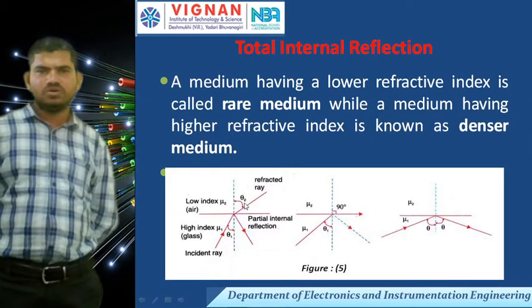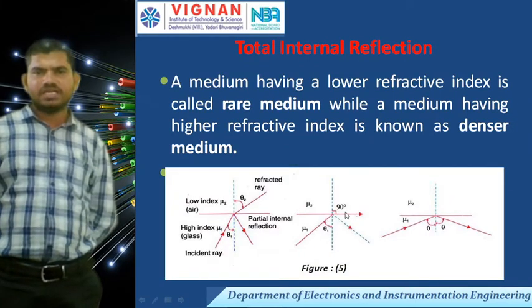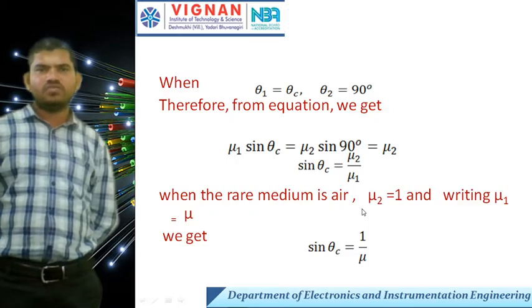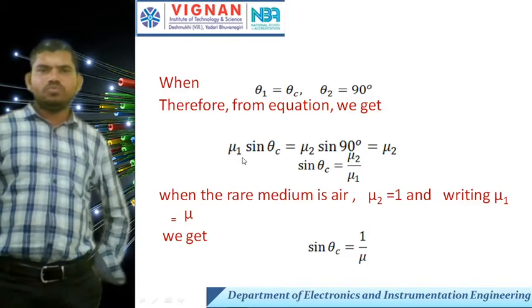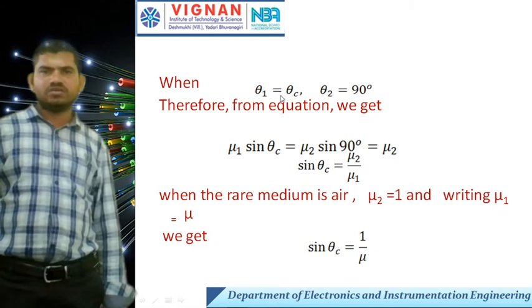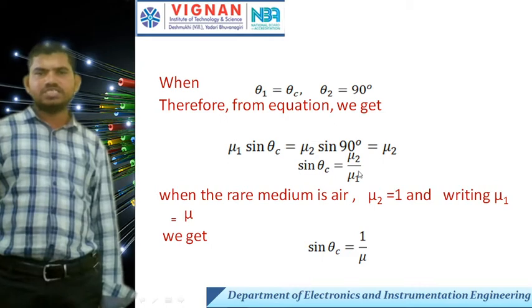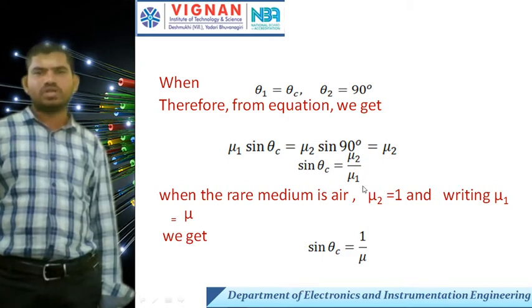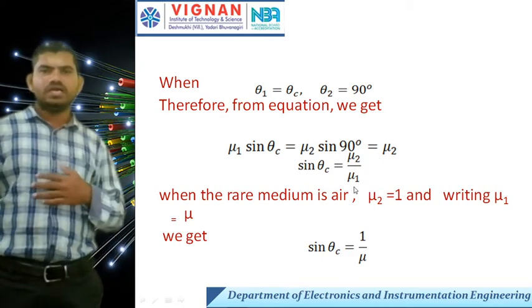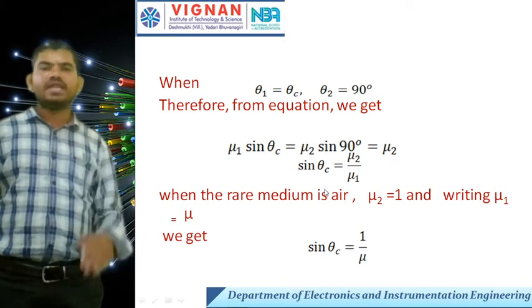From the equation mu 1 sin theta 1 equals mu 2 sin theta 2, with theta 1 equal to theta c and theta 2 equal to 90, sin 90 is equal to 1. From this, sin theta c is equal to mu 2 by mu 1, so theta c is equal to sin inverse of mu 2 by mu 1, or n2 by n1. That is the critical angle.